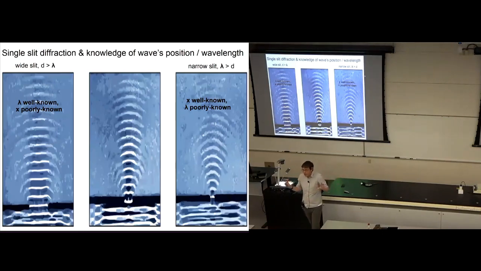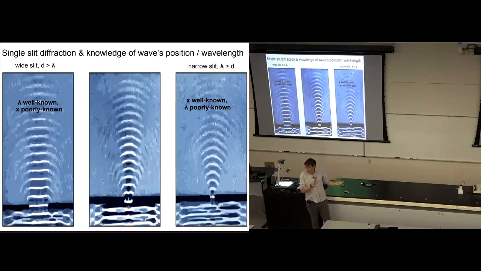What you're seeing there, in the language of your ability to know the position of the emerging water waves and your ability to know the wavelength of the water waves, is that if you confine the position a lot, so this is defining the position very precisely that the water waves emerge from, then you get a big spread in the wavelengths.